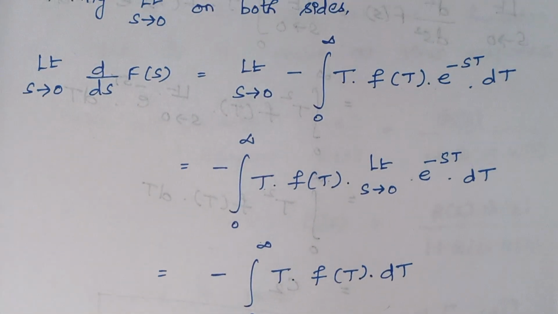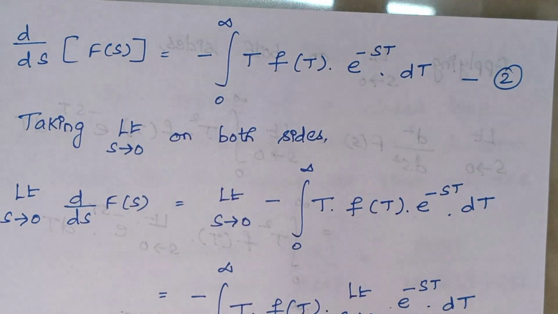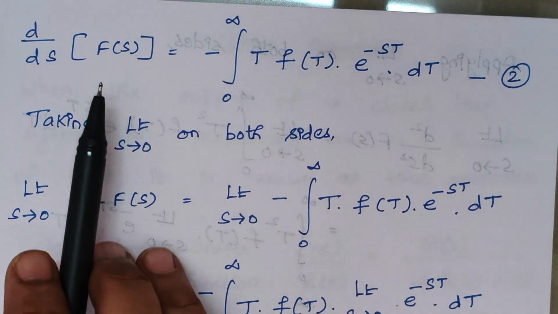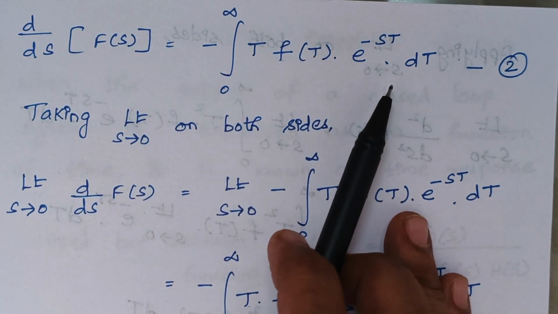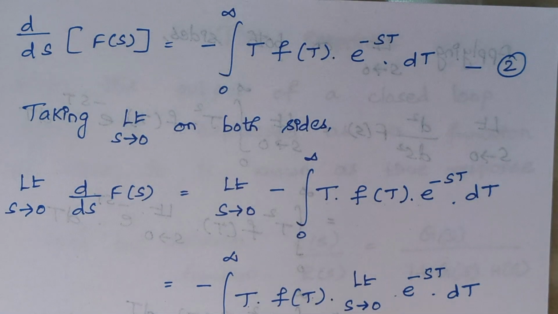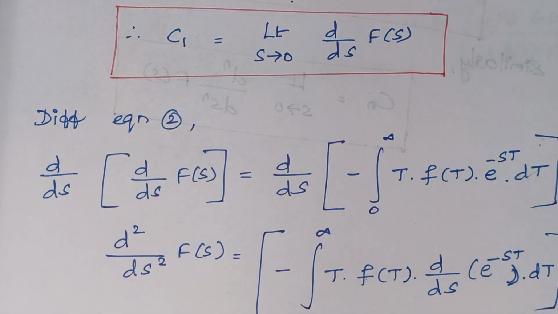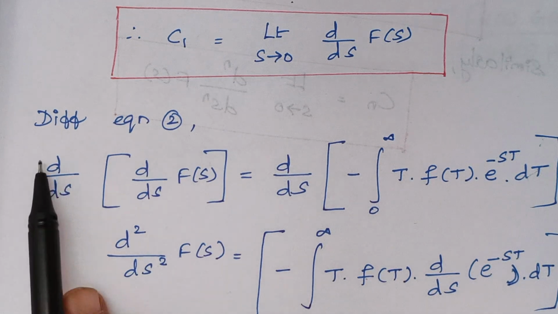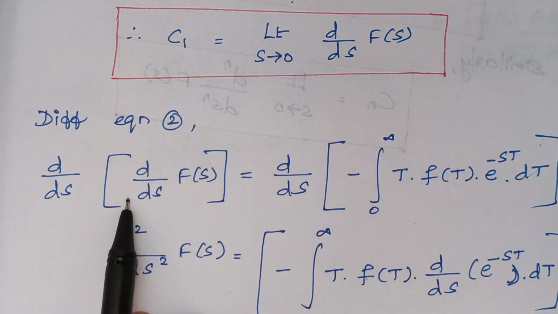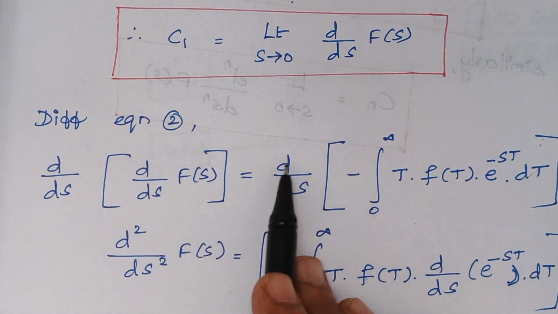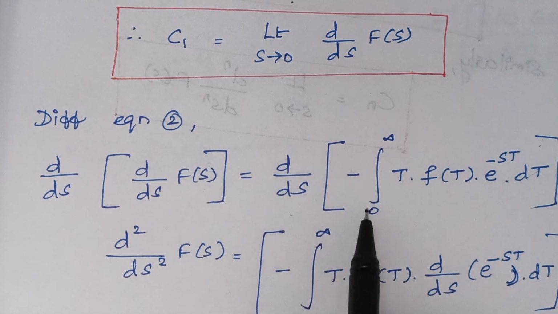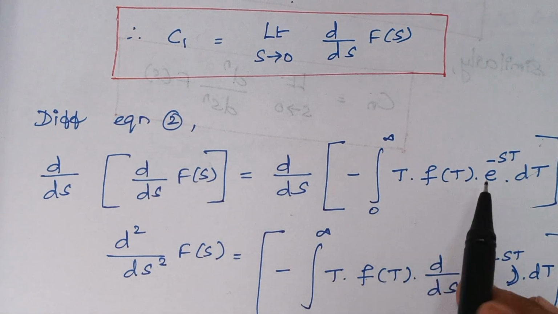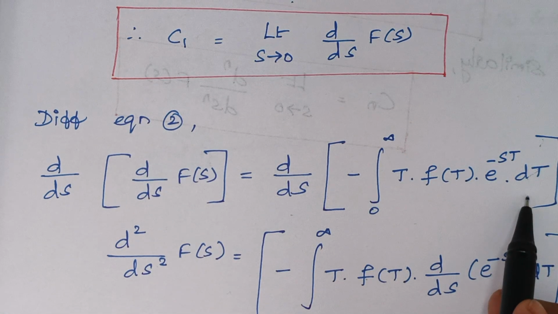You see, this is our equation number 2. I am going to differentiate this equation again. So when you apply differentiation here, that is d by ds of f of s, and here d by ds of integral 0 to infinity t into f of t e power minus st into dt.